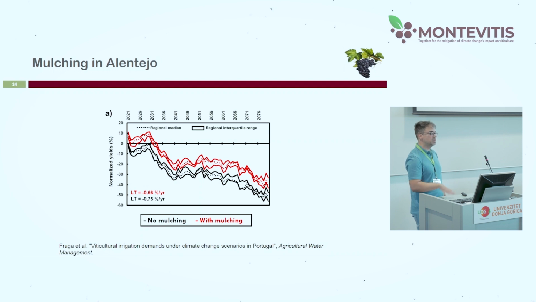It can be several materials, even plastic or rocks. And through our study, we see that mulching is a viable climate change adaptation measure because it also mitigates the decrease in yield that is projected for the future.